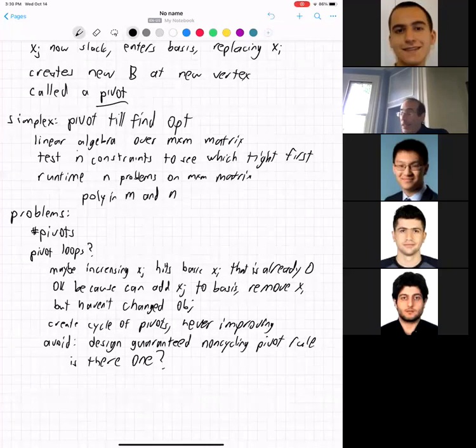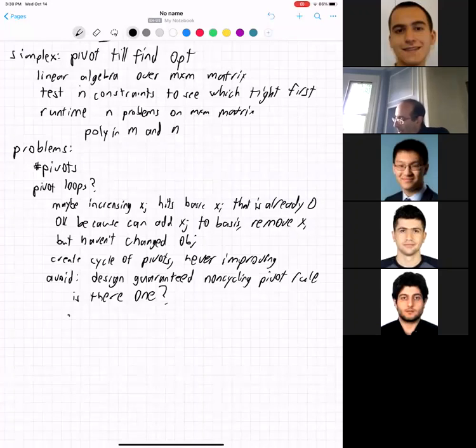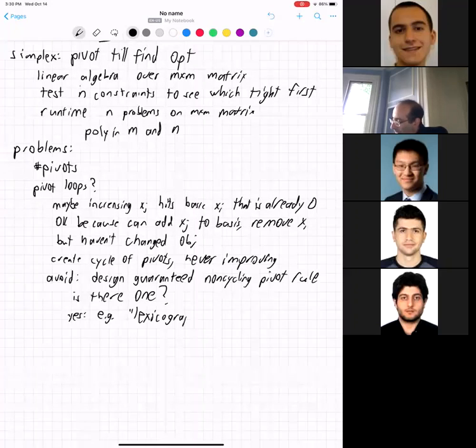Okay. And that actually took quite a long time to figure out. The answer is yes. And as an example, there is what we would call the lexicographically first pivot rule, which basically says that you always increase the first xj that is increasable.